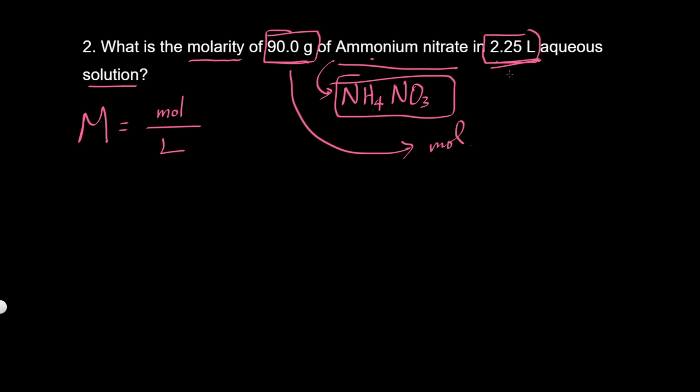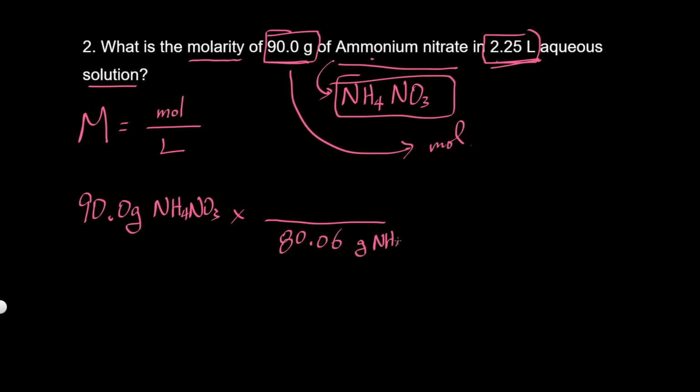That's all you got to do. And then put it above the 2.25. Here we go. So 90.0 grams of ammonium nitrate, and then we need the molar mass. It's 80.06 grams of ammonium nitrate for 1 mole, NH4NO3.